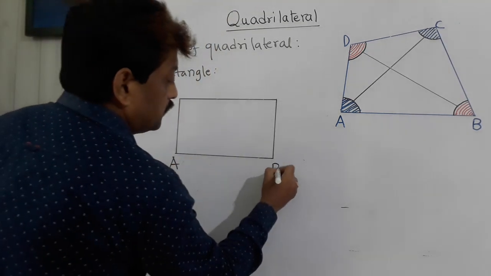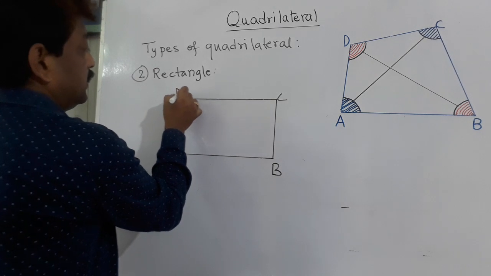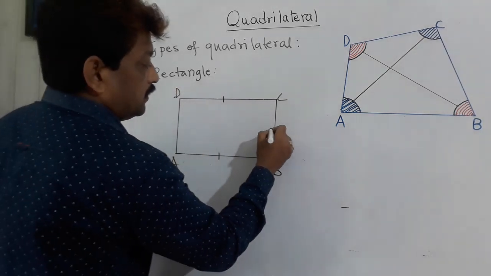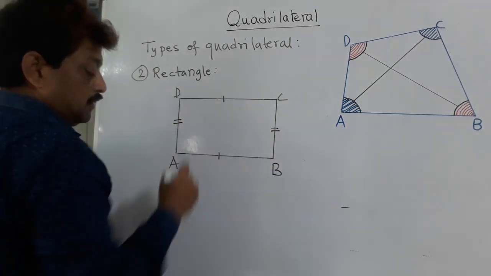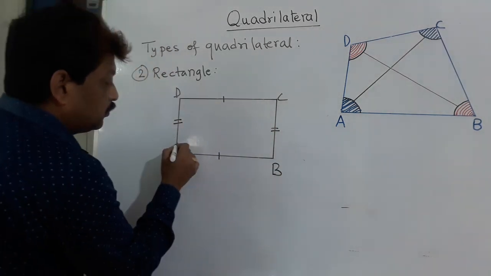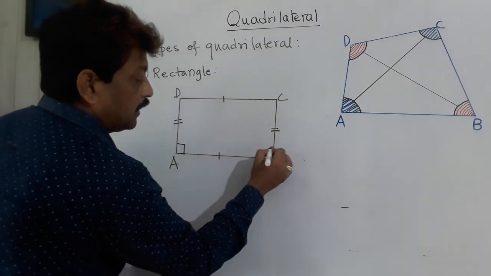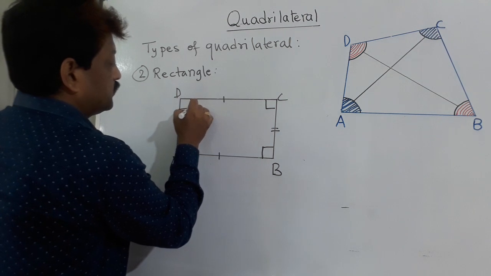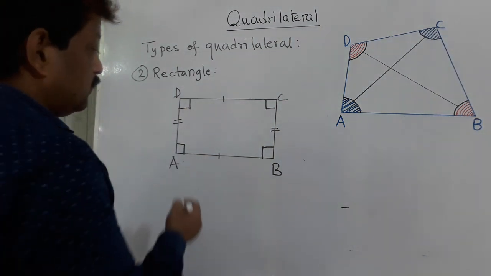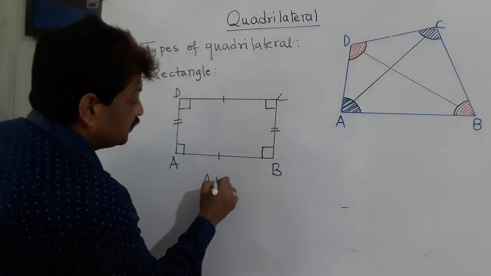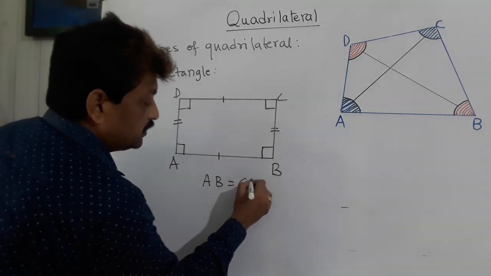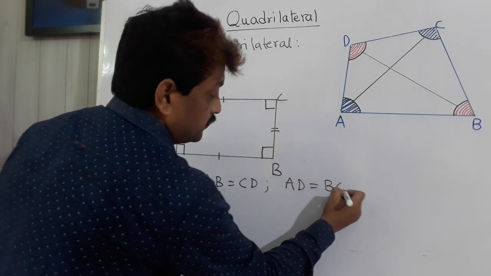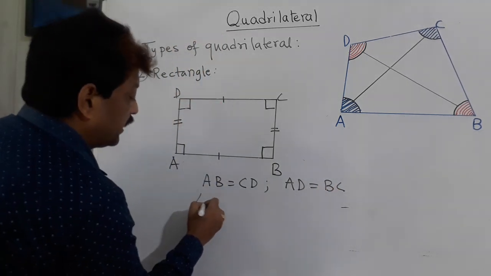Here you can see that ABCD is a rectangle because its opposite sides are equal and all the included angles are also equal and they are equal to 90 degrees, like a square.